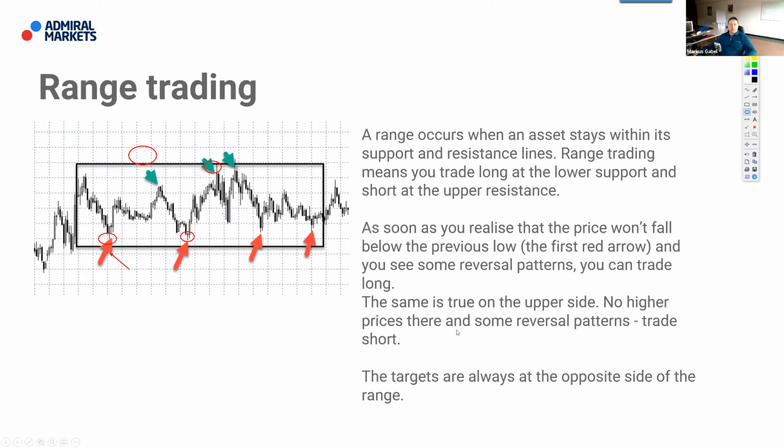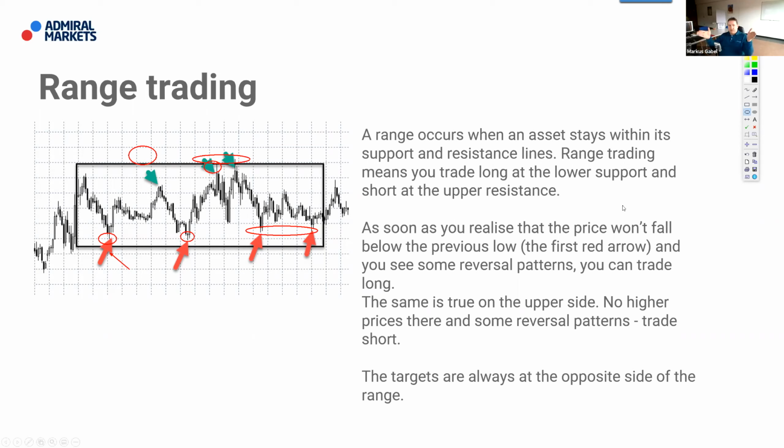And the same is true on the upper side. No higher prices there, and some reversal patterns, then trade short with the target on the lower side. And this is the theoretical meaning of range trading.